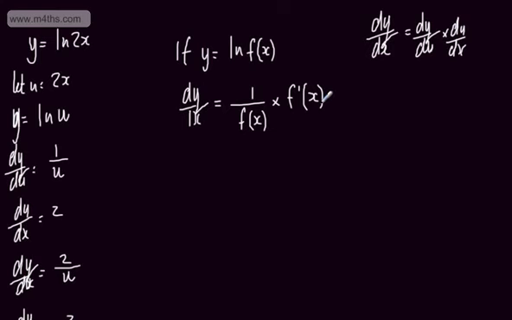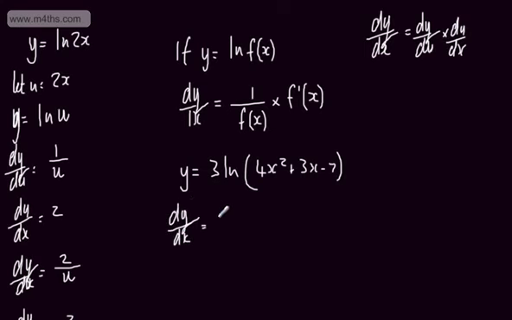Of course, we could go ahead and look at quite a nasty example of that. Let's say we had y is equal to 3 lots of the natural log and then some polynomial. Let's say we've got now 4x squared plus 3x minus 7. So if we look at this, we can say the derivative dy by dx, 3 is just a constant. We're going to have now 3 lots of 1 over the inside function.